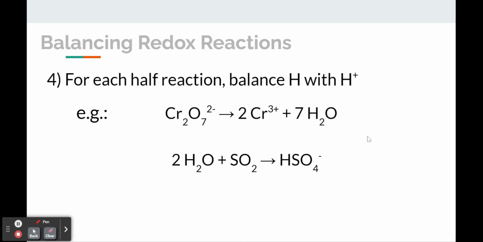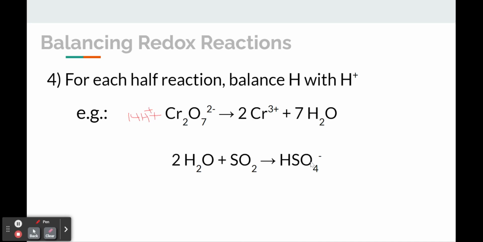Next step. You have now just added some hydrogen, so almost always that's going to mess up your hydrogen balance. So you balance hydrogen with H+ ions. On the right-hand side, I now have 14 hydrogen atoms and none on the left in the top half reaction. So I'm going to add 14 H+ to this side to make that balance.